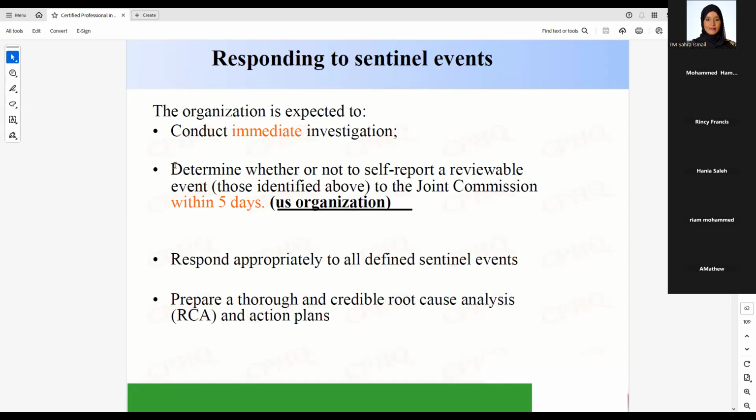Here in the US, they have voluntary self-reporting to organizations like the JCI. For us, for example, it is mandatory that we report to DOH within a certain time frame.